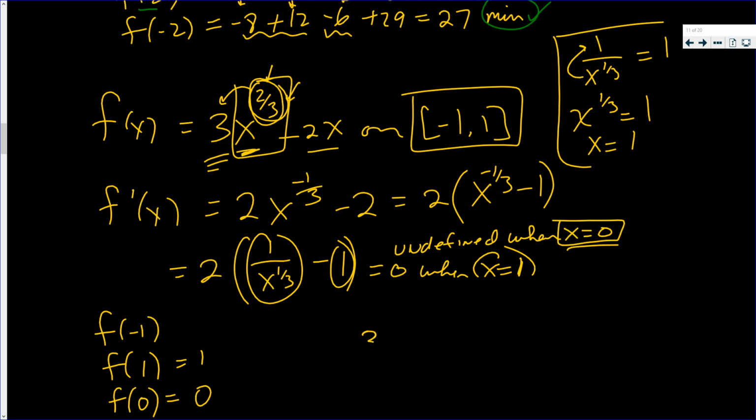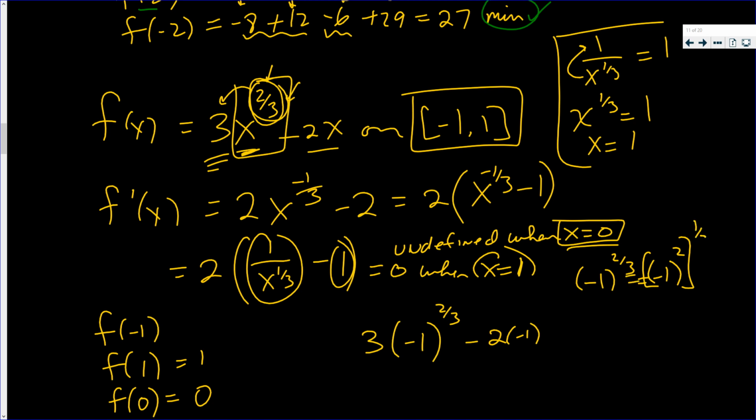What if you have 3 times -1 to the 2/3 minus 2 times -1? Well, let us look at -1 to the 2/3 carefully. This is -1 squared and then raised to the 3rd. Why? Because -1 squared, or anything squared to the 3rd, well, you multiply the powers and you get 2/3, just like we're supposed to have.